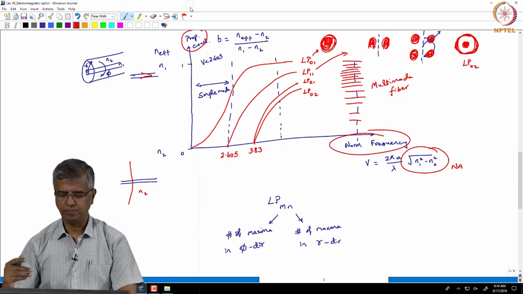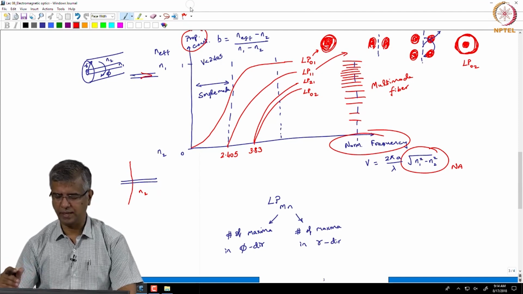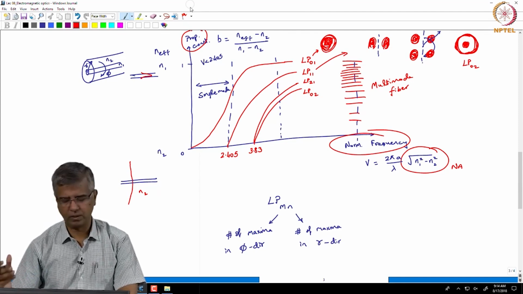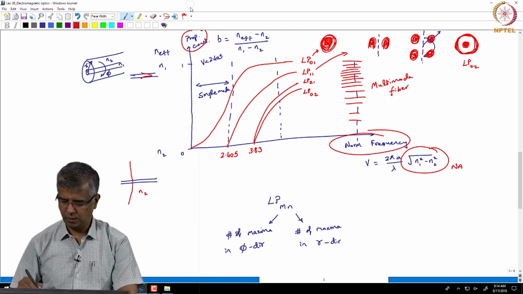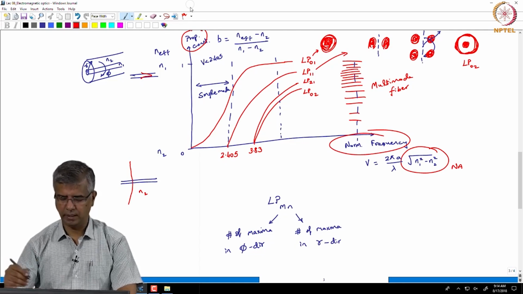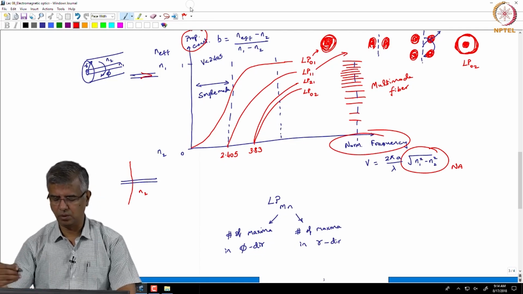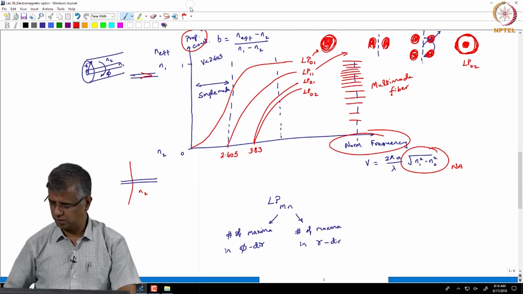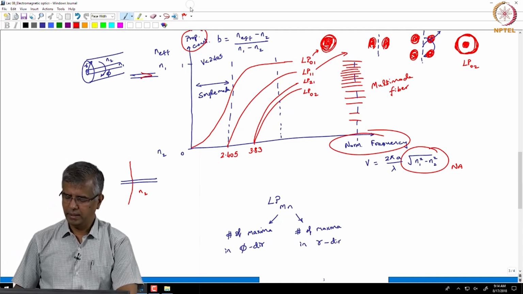And then we said, okay, beyond a V number of 2.405, you have the next mode, and so on, right. And the higher order modes and so on, right.